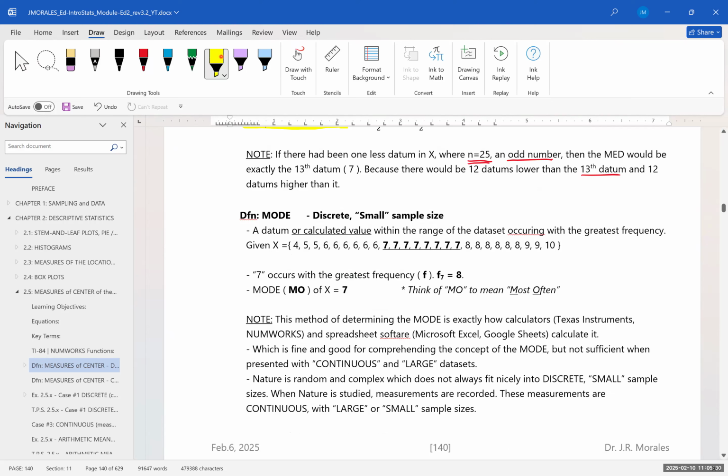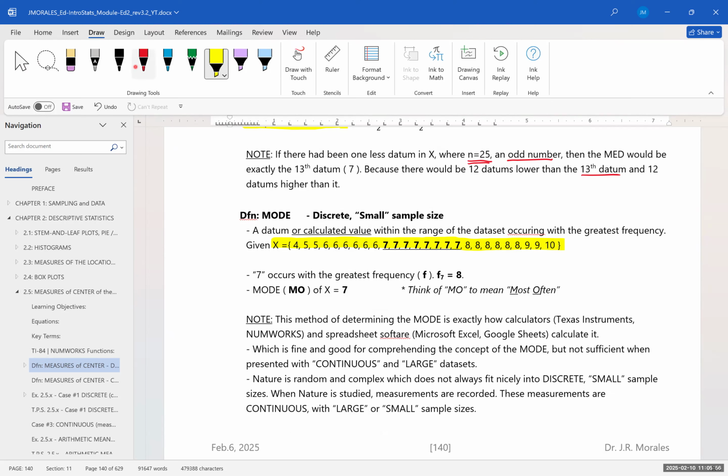The mode is a datum or a calculated value within the range of the data set occurring with the greatest frequency. So here I've restated our data set of our random variable x. What value occurred with the highest frequency?